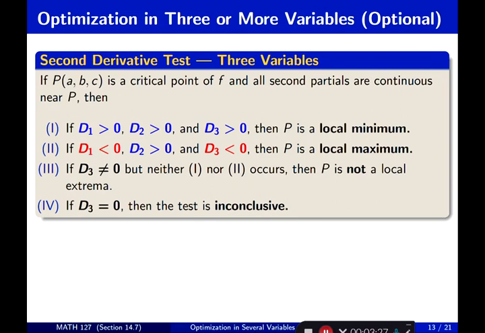If D1 is less than 0, D2 is bigger than 0, and D3 is less than 0, then P is a local maximum. You notice that D1 and D2 work in the same way as with functions of two variables. If D3 is not 0, but neither of these patterns happens, then P is not a local extremum. If D3 is equal to 0, then the test is inconclusive.